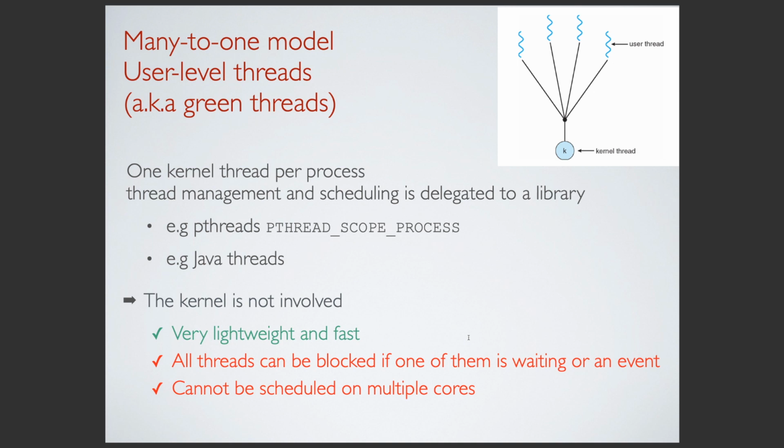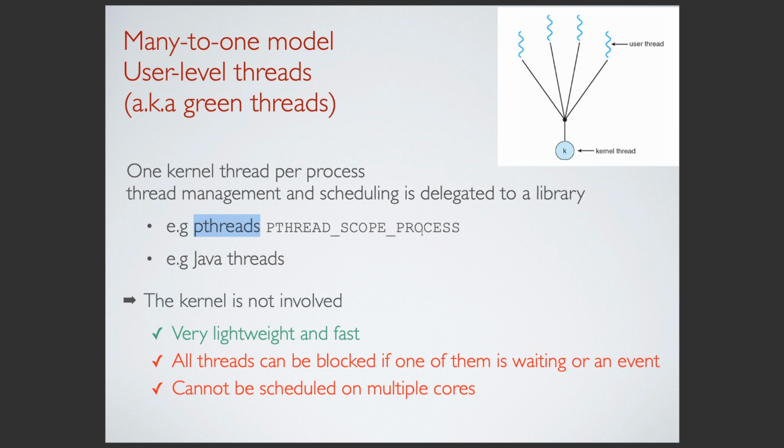So you push that to the application itself rather than the kernel. In that case, you delegate to a library. This library exists on Linux, Mac, and all the Unix systems. It's called pthread scope process. So you see here on Linux and Mac, you can choose whether you want to run threads at the user level or threads at the kernel level.